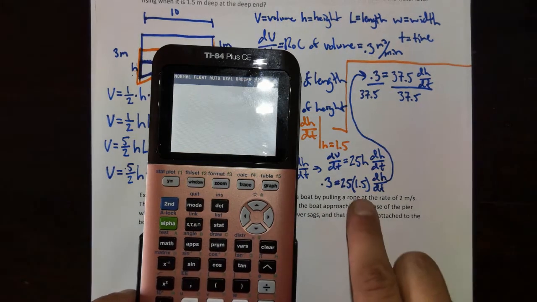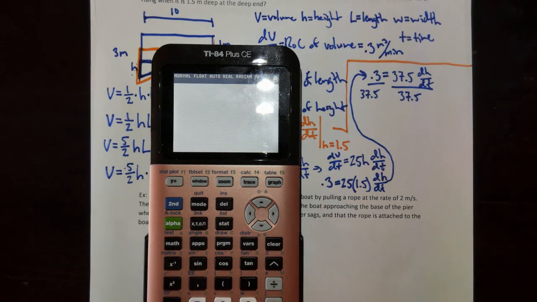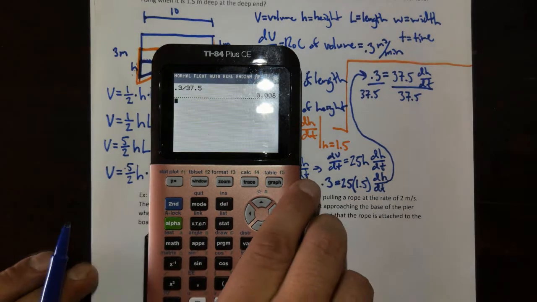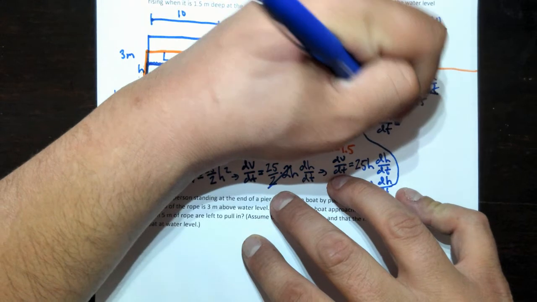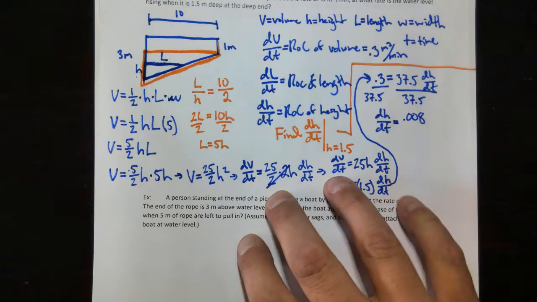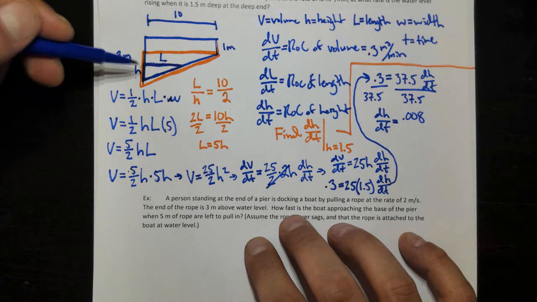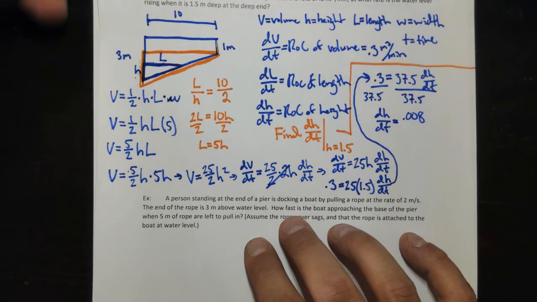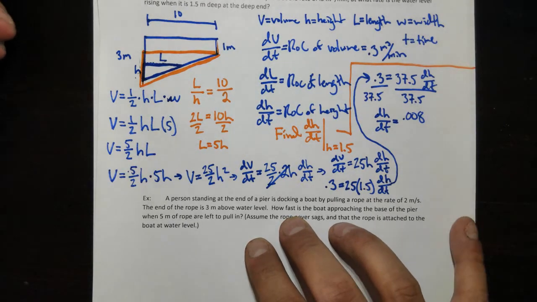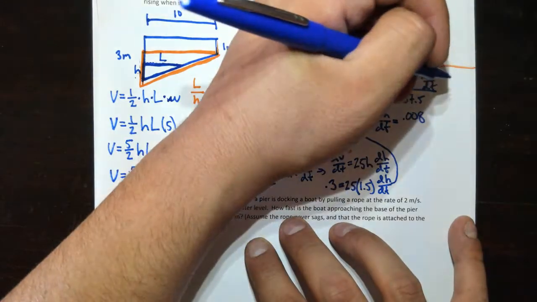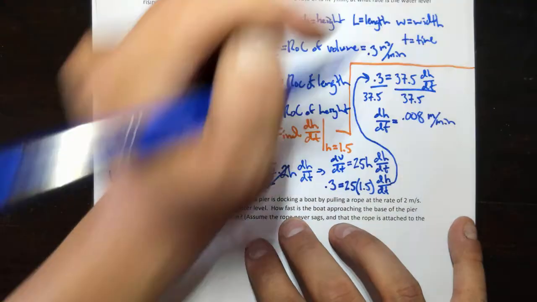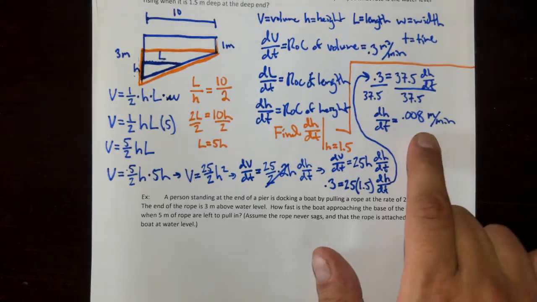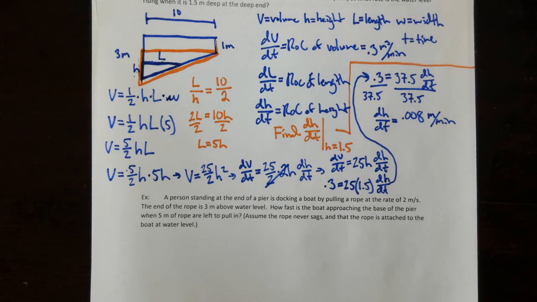Okay. So 0.3 divided by 37.5 is 0.008. So our dh dt is equal to 0.008. And the units, it's the height, it's not an area, so it's not squared or cubed, it's not a volume, so it's just going to be meters per minute. So it's rising at that rate, 0.008 meters per minute.